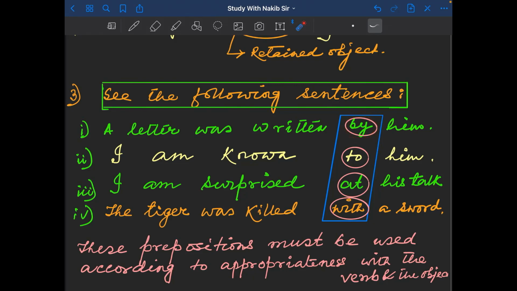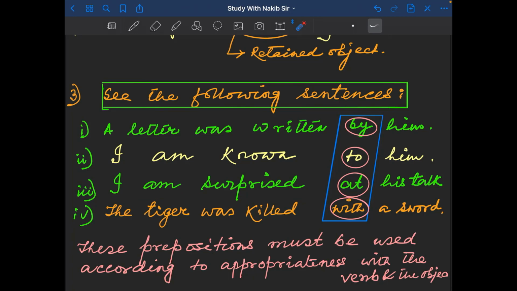Next one, I am surprised at his talk. "At" is always used after surprised. No other preposition can take the place of "at" here. So remember, always use "at" after surprised. So the sentence is, I am surprised at his talk.